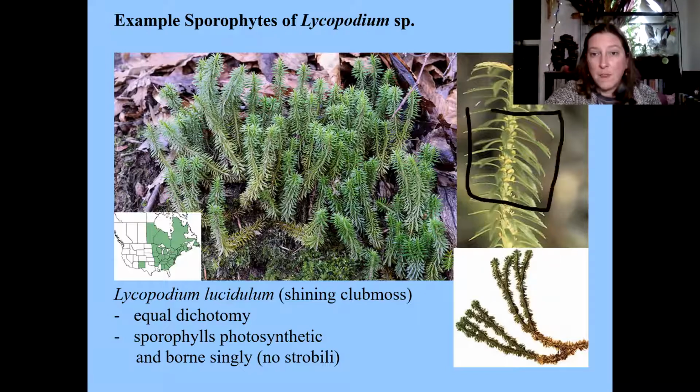Here they are, they're green. And they are not organized in a strobolus. They are born singly. And you can see Lycopodium lucidulum in and around New Jersey. So that's one.